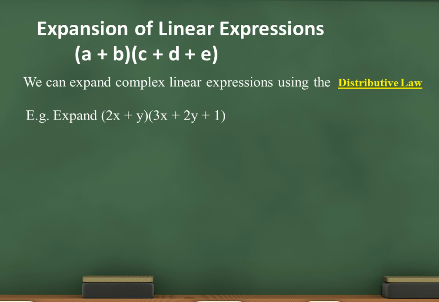Let's look at a real example. I have 2x plus y multiplied by 3x plus 2y plus 1. We're going to use the distributive law to solve this. Again, you might want to pause the video and give it a try yourself first.